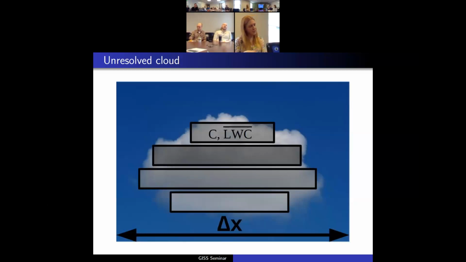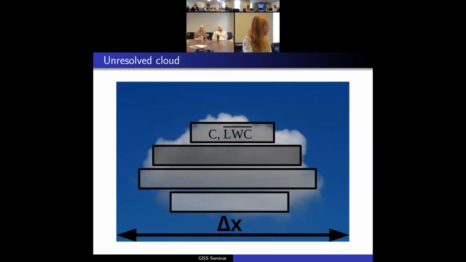It's a series of horizontally homogeneous layers of partial cloudiness, where it's typically assumed that these partially cloudy layers overlap maximally in the vertical direction. The only information that we have about the cloud field in each vertical layer is described with two parameters: C, the cloud fraction, and the average liquid water content.